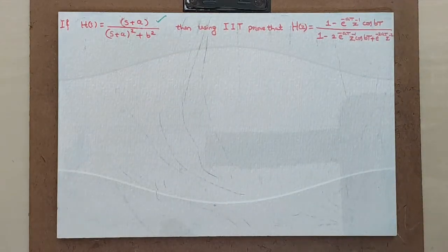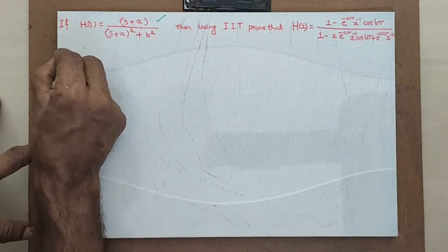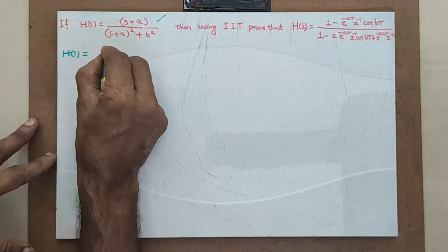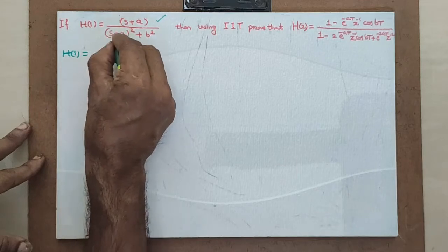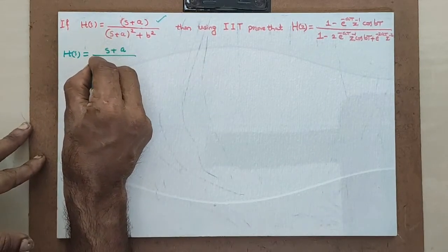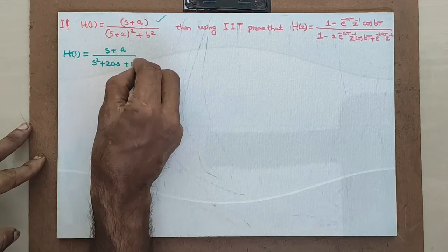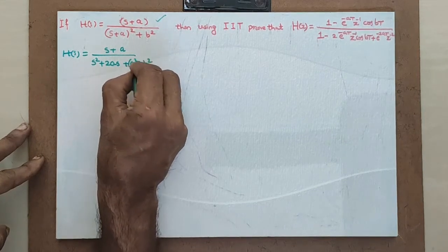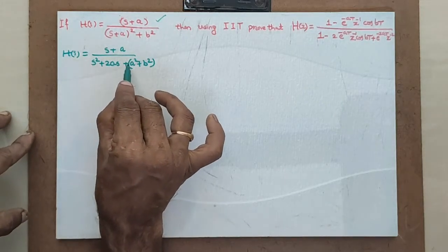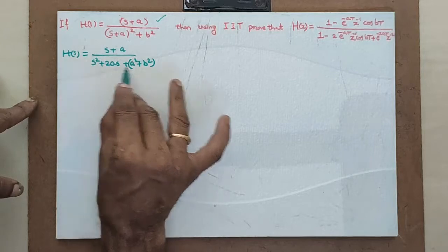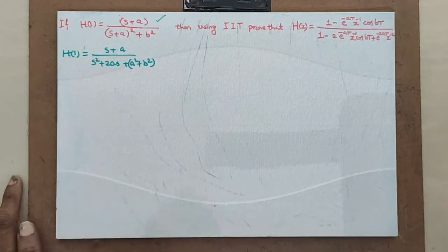First, let us take H of s. H of s is taken as (s plus a) whole divided by (s plus a) whole square plus b square. You know that I will write it as s square plus 2as plus a square plus b square. I will make it like this. You already know that s square plus 2as plus a square plus b square is a second order equation having two complex conjugate roots.